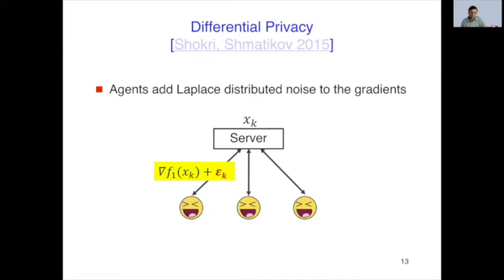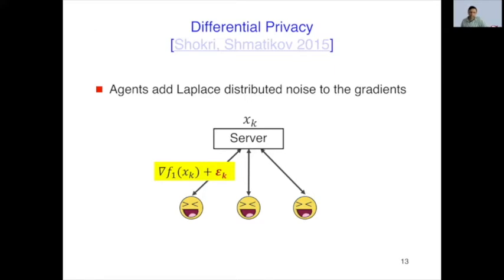And the differential privacy schemes often use this noise that is Laplace distributed. And so in this example, what agent 1 is doing in iteration k is supplying the gradient to the server, but it's been modified by adding some noise, deliberately adding some noise to the gradient. The noise here is epsilon k, which is produced using Laplace distribution, which makes it easier to analyze the differential privacy of the scheme.